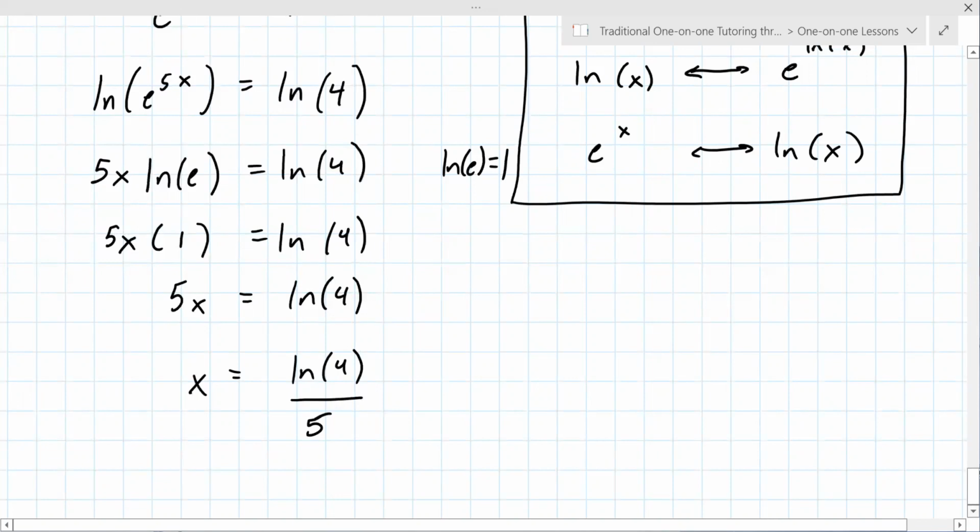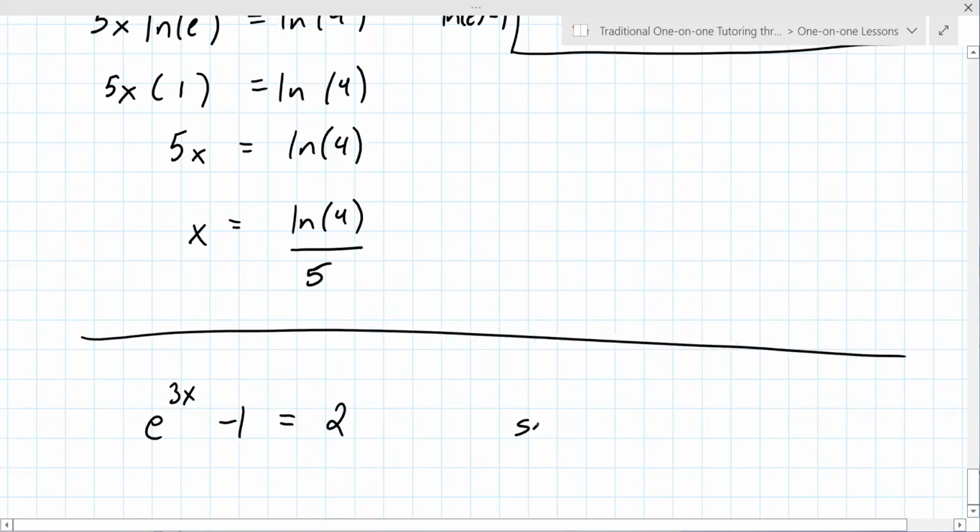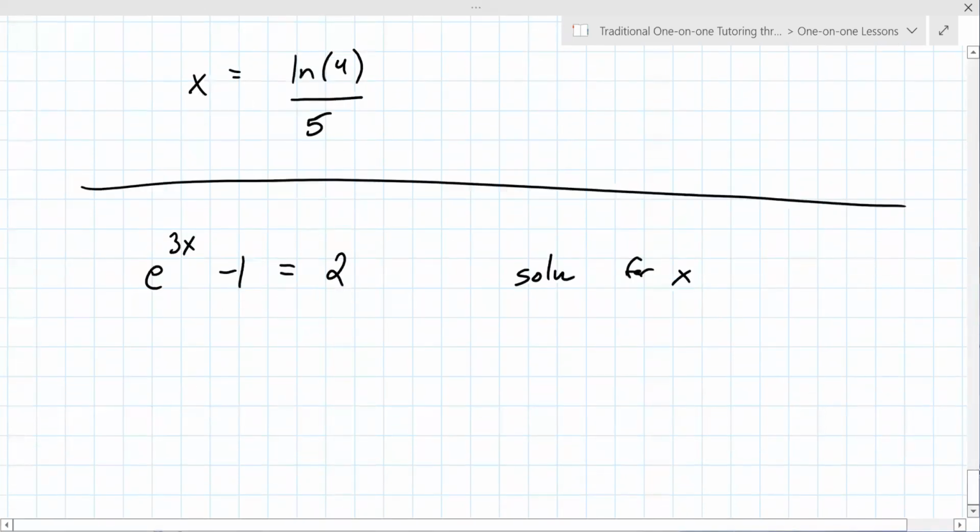Let me give you one here to try on your own. Let's go e to the 3x minus 1 equals 2. Go ahead and solve for x. ln 3 over 3.